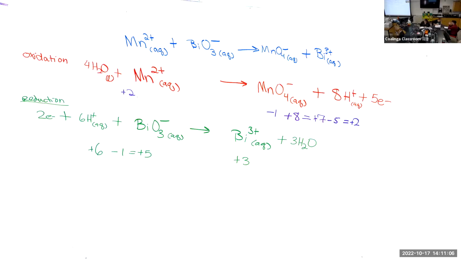Put them all together on the reactant side and product side. But first we have to balance the electrons. This one has 5 electrons, this one has 5 electrons, and this one has 2 electrons. So how can I balance that? Multiply.